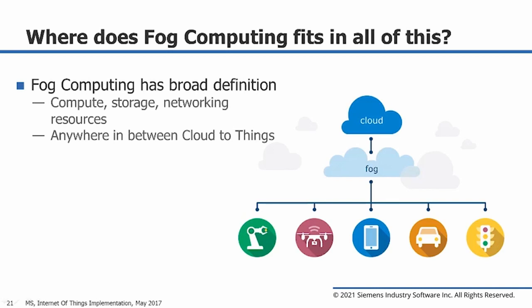Typically, these resources are placed near devices to increase response time and reduce their immediate dependency to cloud. For example, we already discussed gateways performing logging and filtering functions close to devices before the data is sent to the cloud. So those can be some examples of fog computing.